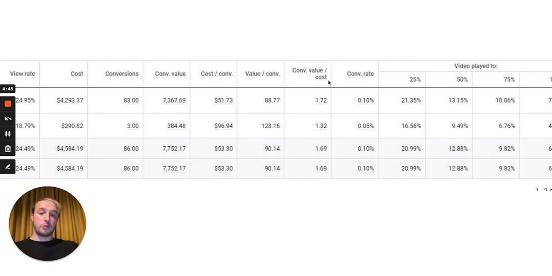So value per conversion, as you can see, was 88, and then conversion value per cost 1.72. Now with YouTube ads, right, you have 25%, 50%, and 75% video play. So basically all the data is here, right? Then you can do your math and you can measure the results when you know your outcome and you know your numbers.